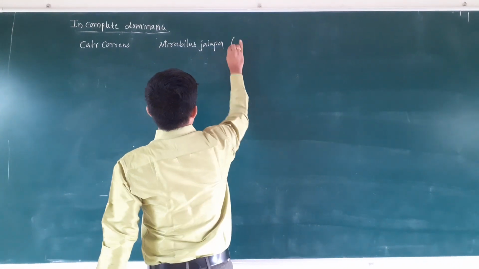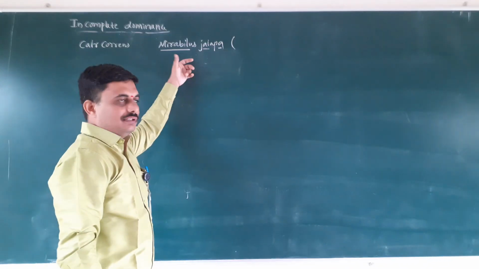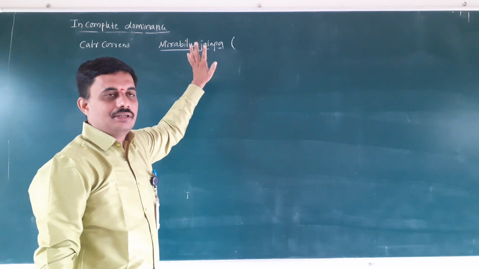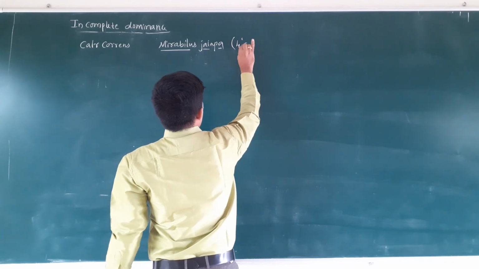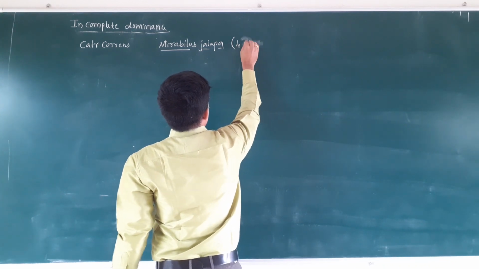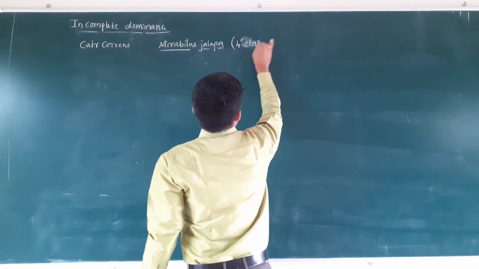It is also called Mirabilis jalapa. See, binomial nomenclature, when handwritten, should be underlined separately. It is also called the four o'clock plant.